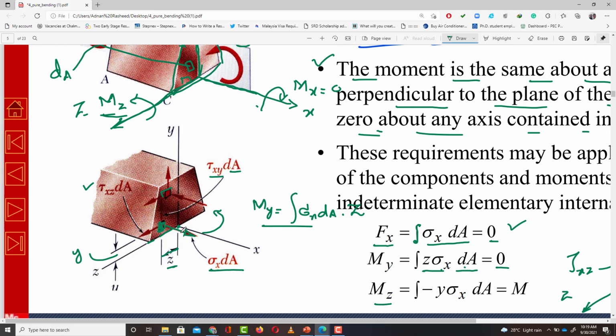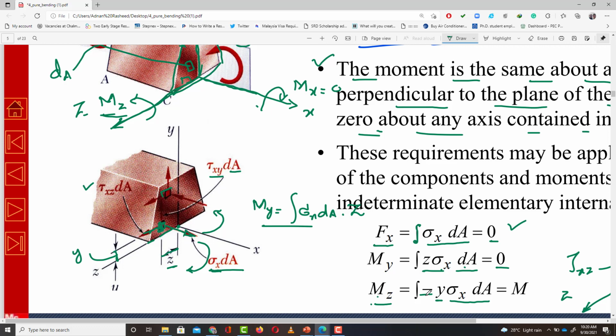So this normal stress is also producing a moment about the z-axis, because this is the normal force and the perpendicular distance is this y. It will tend to rotate about the z-axis, and this moment is rotating in the clockwise direction, so it will be equal to minus the normal force, which is sigma x into dA, into the perpendicular distance, and this perpendicular distance is y.